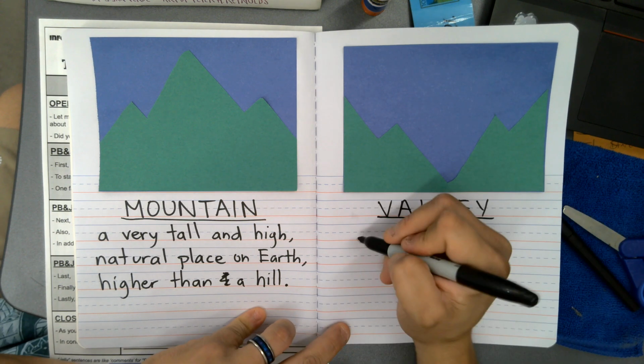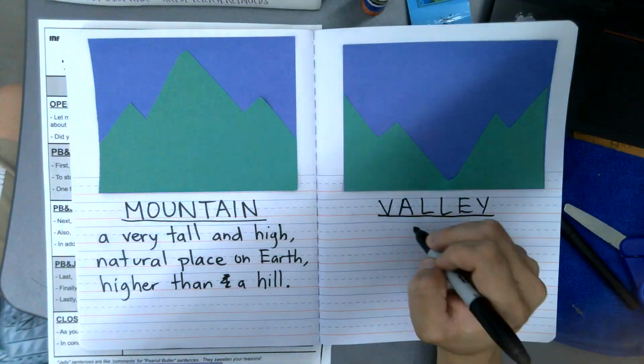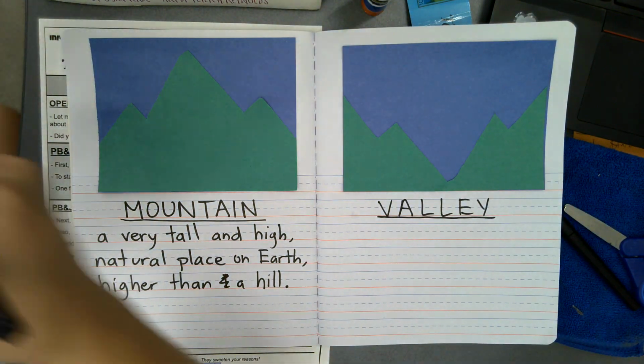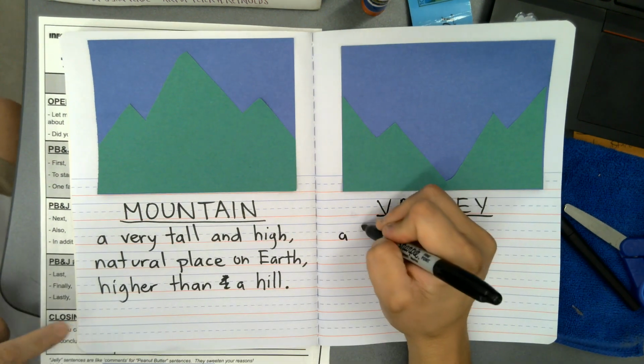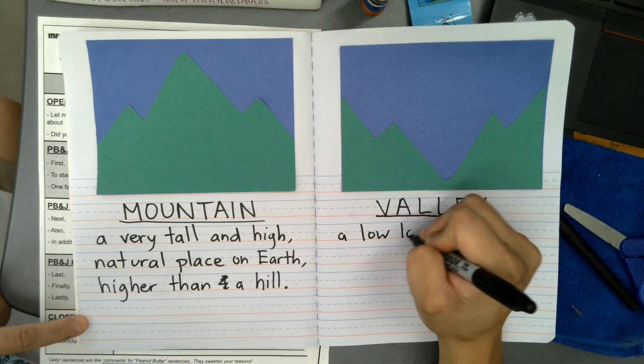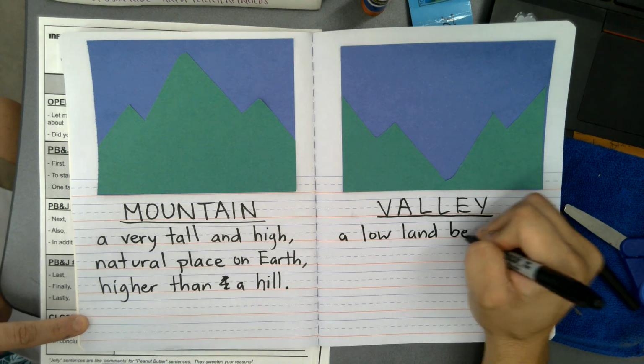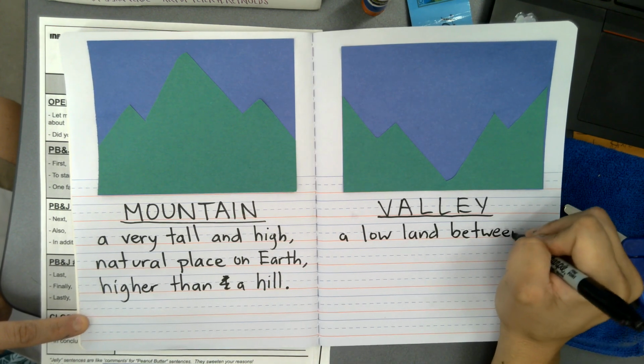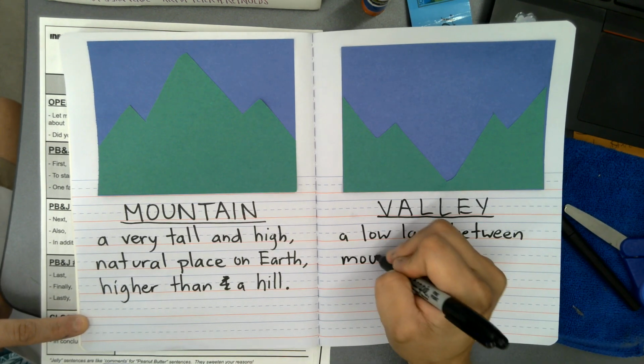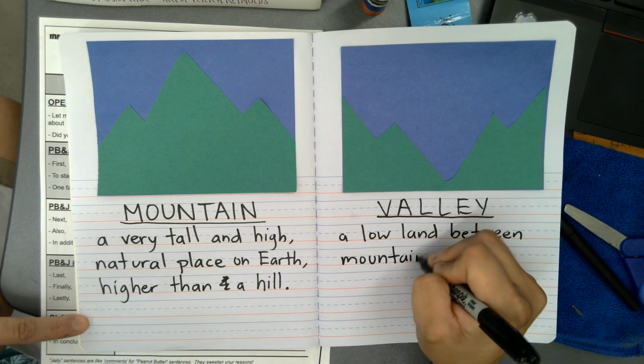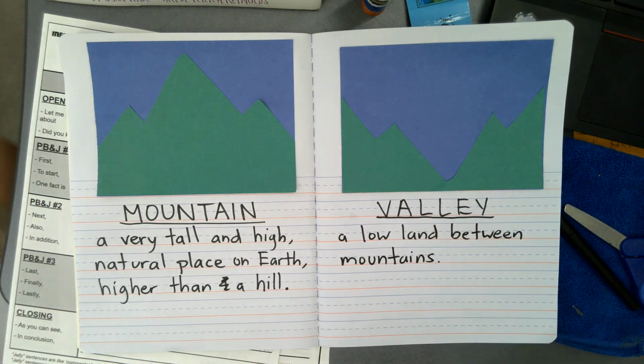Underline that. And then we write, a valley is a low land between mountains. Period.